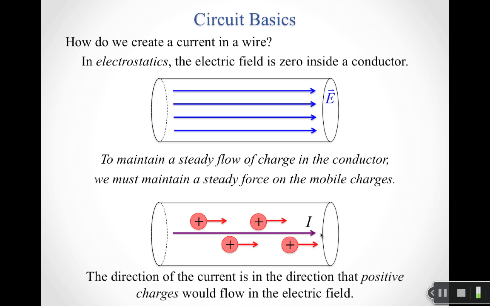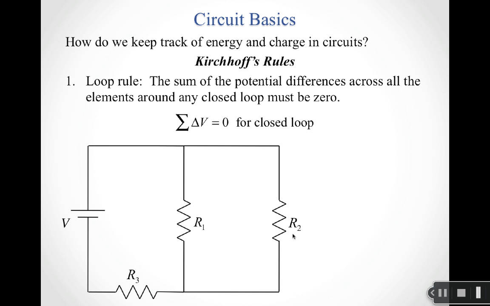And he happened to be wrong. The upside is that it doesn't matter whether he's right or wrong. We can go ahead and use this convention about the direction of current, and it won't cause us any problems. So we're going to assume the current flows in the way positive charge would flow within the circuit.